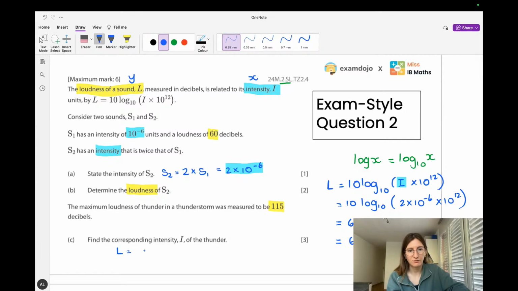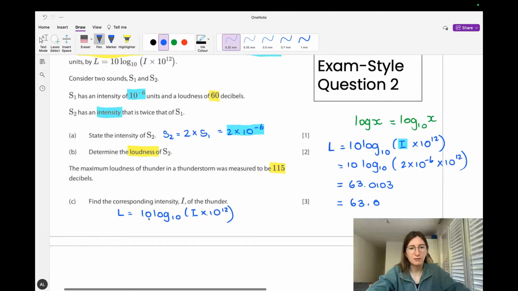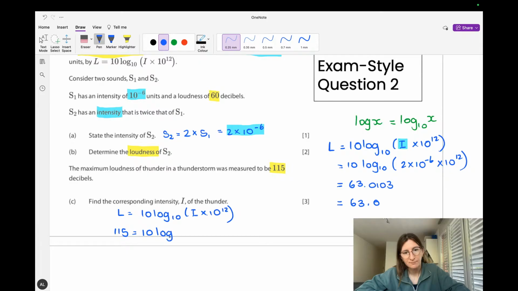So let's write my whole formula. 10 log base 10 of I times 10 to the power of 12. And now we're doing loudness is 115, and we're working backwards to find intensity, or I.